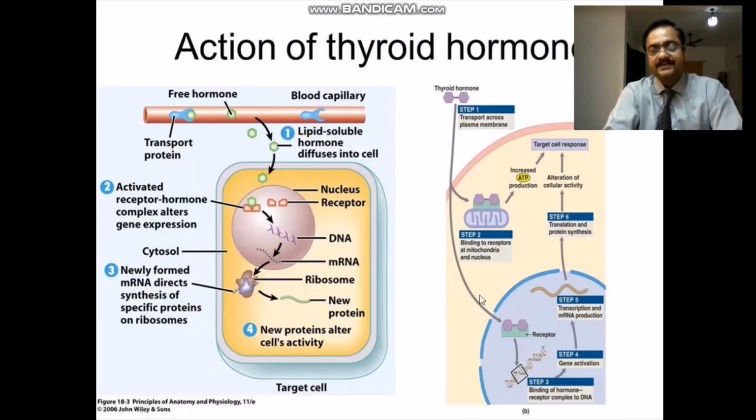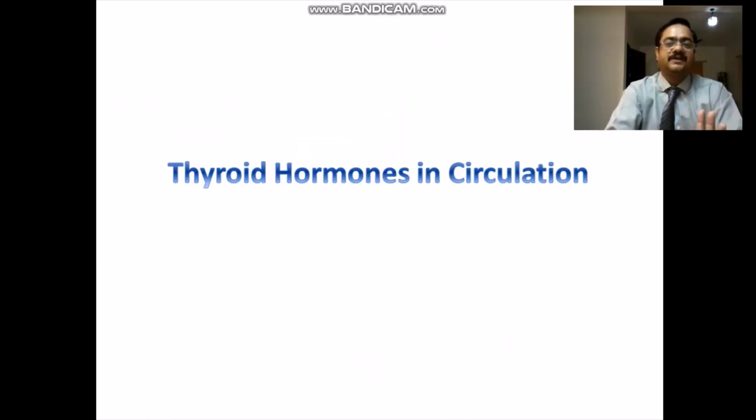Similarly, when it enters and binds with RXR, they bind to the receptor complex of the DNA and activate the gene that leads to transcription and mRNA production, and this mRNA is translated and protein synthesis occurs that leads to alteration of cellular activity. So this is the action of thyroid hormones.